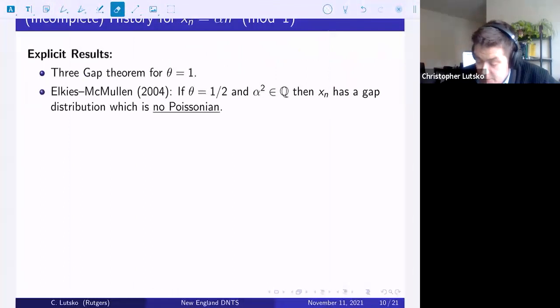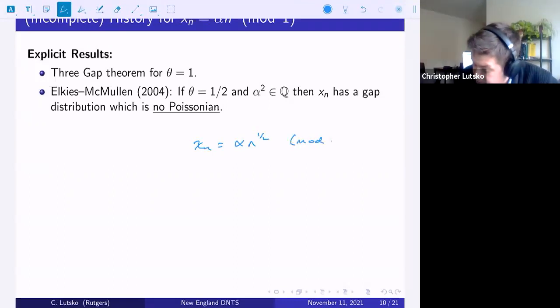The other thing that's known for explicit sequences is this result by Elkies and McMullen, which says if I look at the sequence x_n equals alpha n^(1/2) mod 1, and if alpha squared is rational, then x_n has a gap distribution, so the gap distribution converges, but it's not Poissonian.